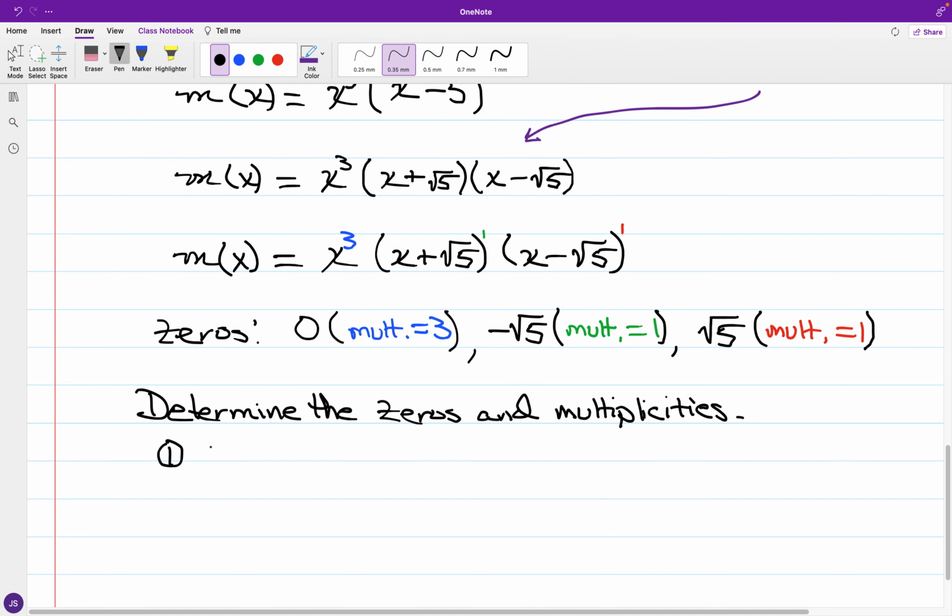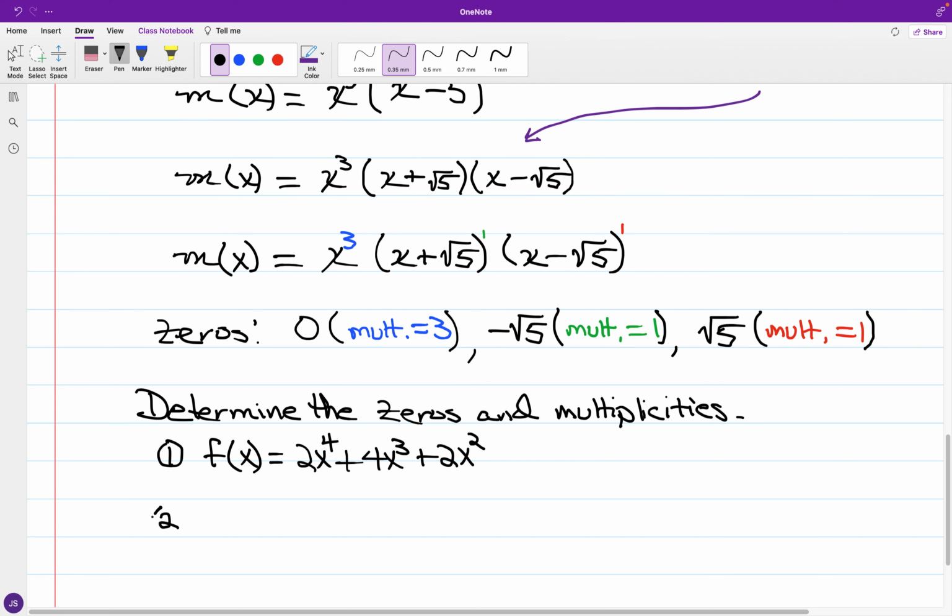For the first, let's say we have f of x is equal to 2x to the 4th plus 4x cubed plus 2x squared.